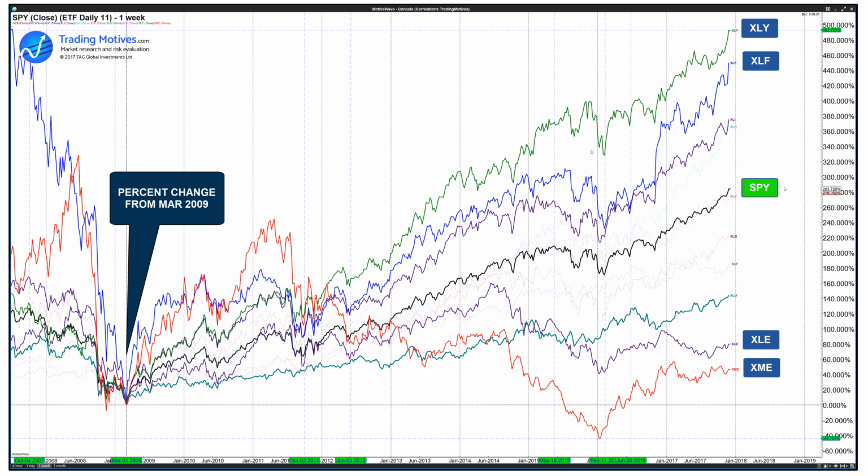So it's achieved just over 280% during that particular period. But if you want to outperform that, you can see the early leaders that really have risen much more strongly than SPY, and they include XLY and XLF. And so we can apply median line analytics to those individual ETFs to determine support and resistance levels a lot more accurately, knowing this information that these are the leaders.